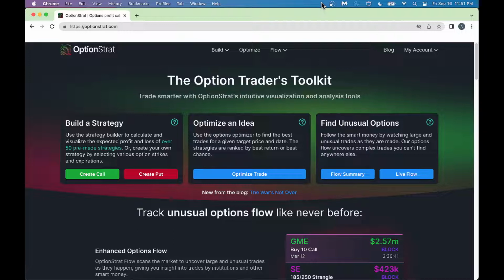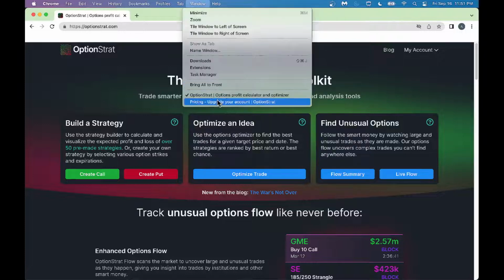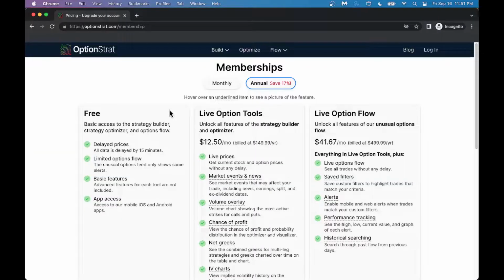First, let's go into the pricing and features of this tool. So let me go into the pricing page here. Look, if you want to go into Optionstrat, I suggest if you are a beginner, start with the free account. As you can see here, the free account is absolutely free. You can use it as much as you want with some limitations.